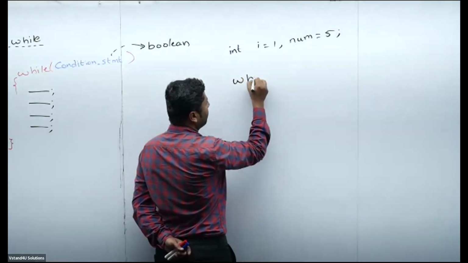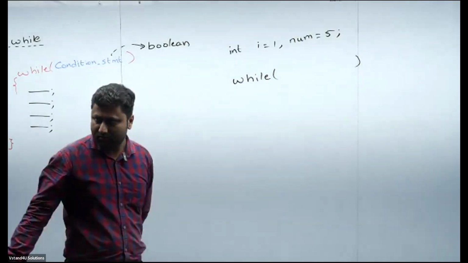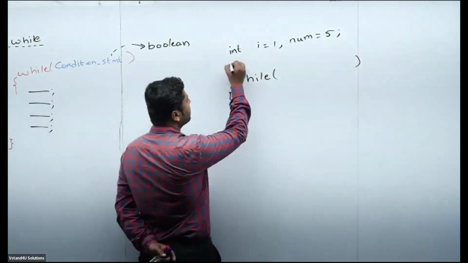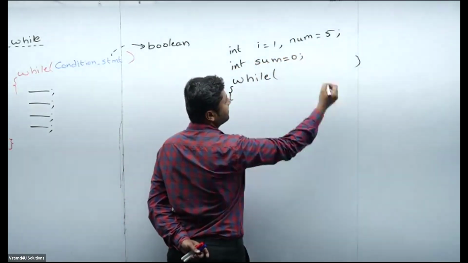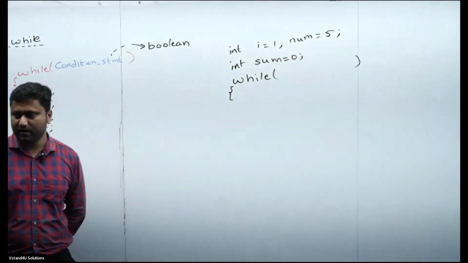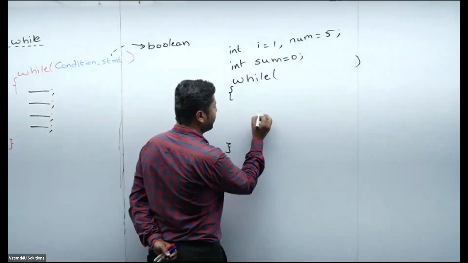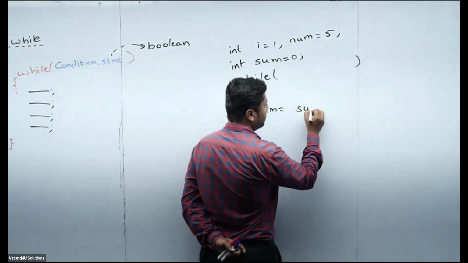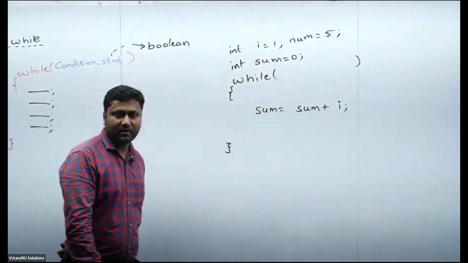The while condition I'll write later. Now don't you think I have to take another variable to store the sum of the calculation? Here, what do I write? I need to write sum equal to sum plus i. Anything else?